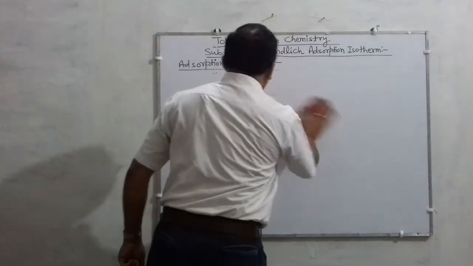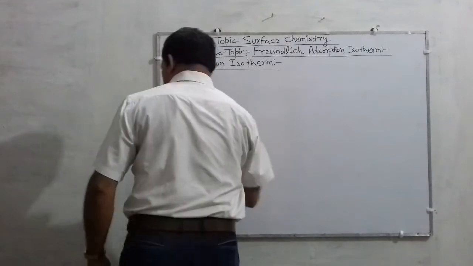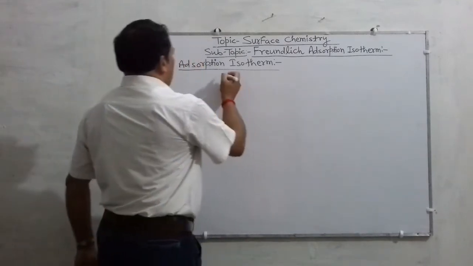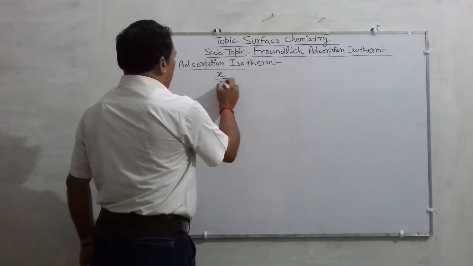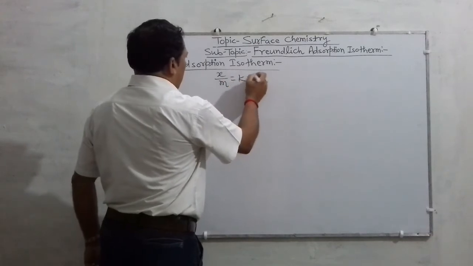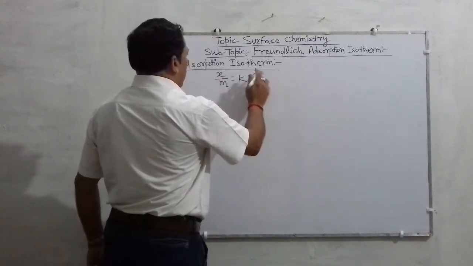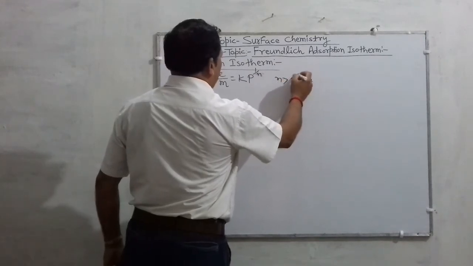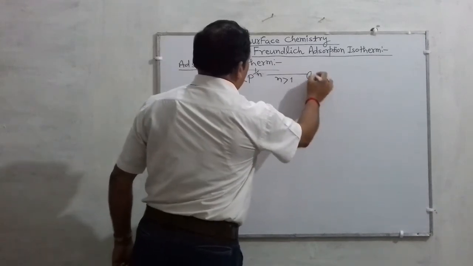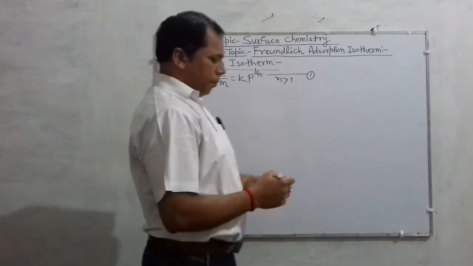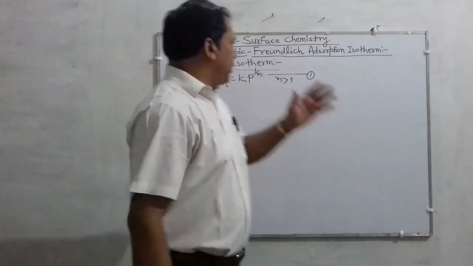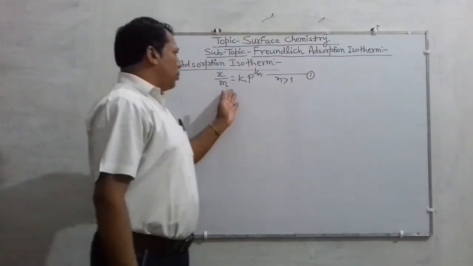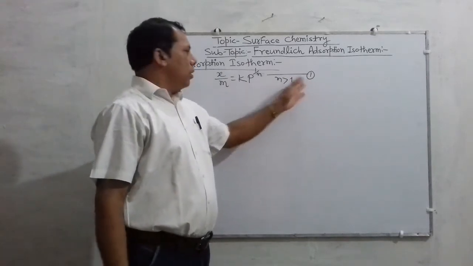This expression is very important. You have to remember it: k p to the power 1 by n, where the value of n should be greater than 1. Suppose I am expressing this equation as equation 1.